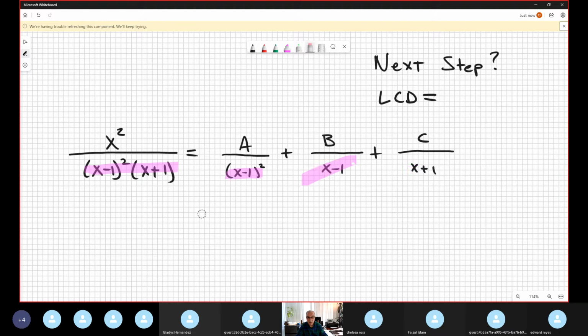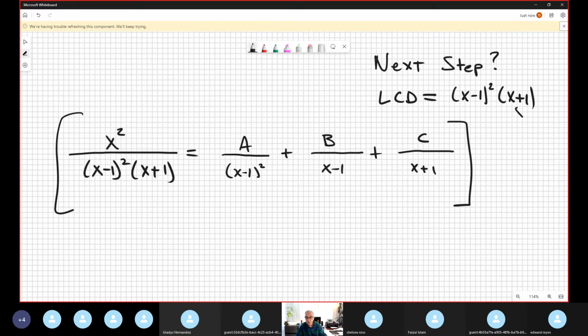The idea is you take every factor involved in the problem, and if a factor gets repeated, you take the majority of them. So you have x minus 1 squared, and x minus 1 to the first power. You take x minus 1 squared and ignore x minus 1 to the first power. The LCD obviously is x minus 1 squared times x plus 1. Do you follow me or no? Do you understand this very well or no?